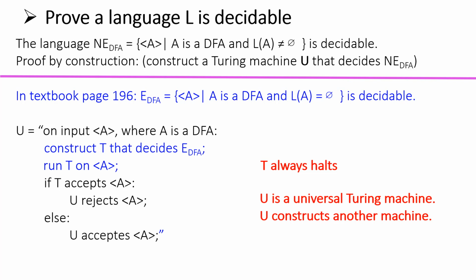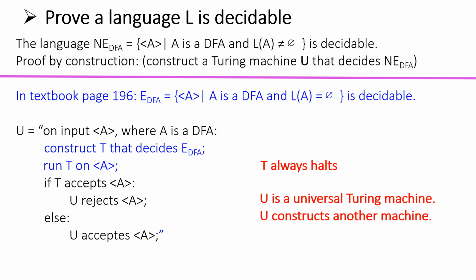First, I specify the input to U, which is of the same format as the member strings in the language NEDFA. Then in the body, I construct a machine T that decides EDFA. Here I omit the details of how I construct T because they are given in page 196 of the textbook.